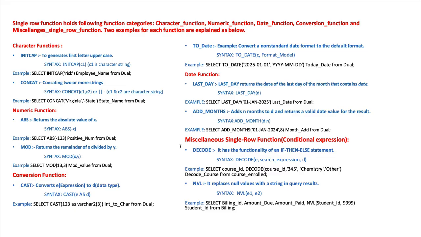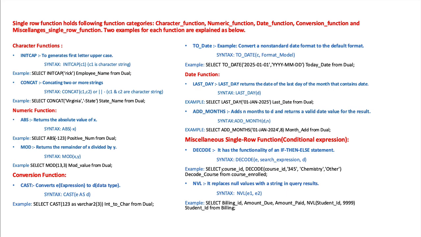Next function is miscellaneous single row function. This function is used in place of the conditional expression. Example is the DECODE function. It has the functionality of an if-then-else statement, that is, the conditional expression.